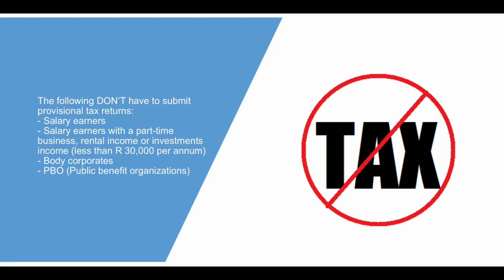The other two structures that are also exempt from provisional tax are PBOs, that's public benefit organizations, which are exempt from any tax, and body corporates. Now that we understand who needs to submit provisional tax returns, let me go to the whiteboard and explain to you the timelines and the structure of provisional tax.